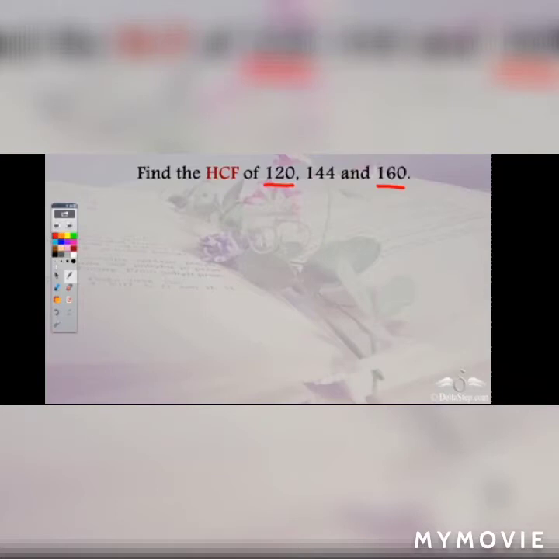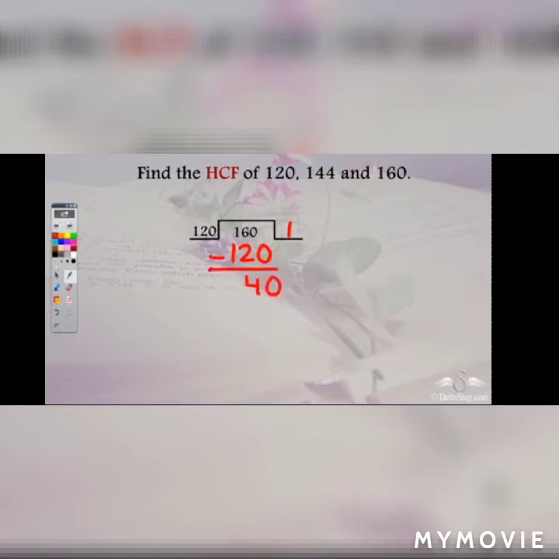So I need to divide the larger number by the smaller number. So I need to divide 160 by 120. So 120 goes into 160 one time. Now 120 into 1 is 120. I subtract this to get the remainder 40.